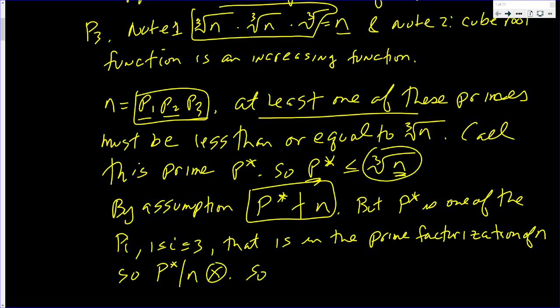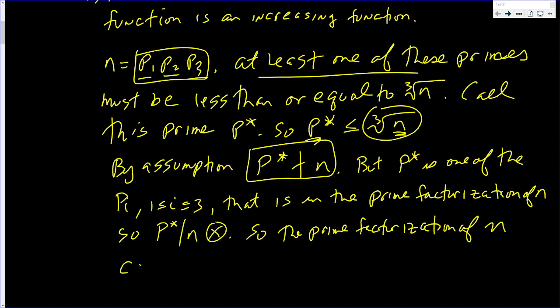Okay, so the prime factorization of N can't have 3 factors.